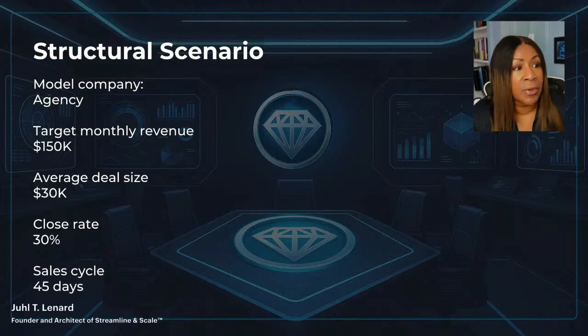So for this scenario, we have a model company that is an agency. Target monthly revenue, 150,000. Average deal size, 30,000. Close rate is 30%, and the sales cycle is 45 days.